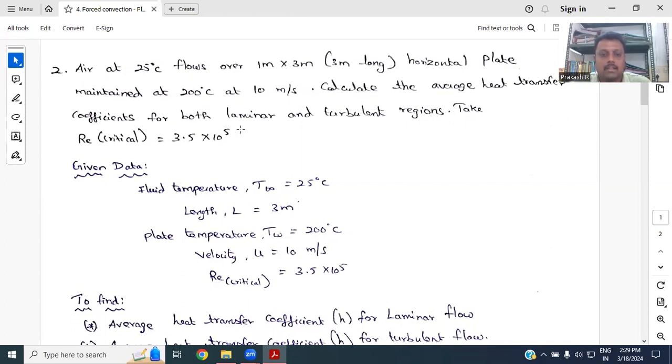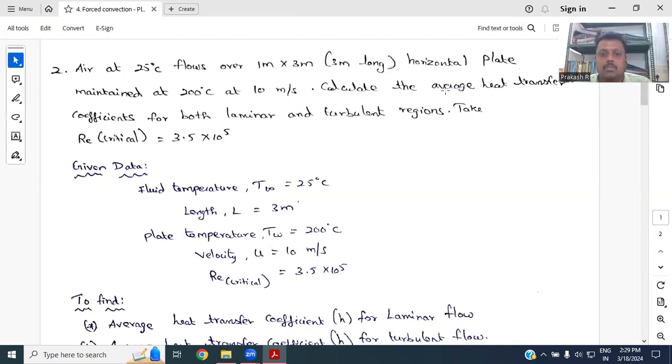Because in forced convection, by means of a blower or compressor, we give external forces to the fluid in order to move the fluid from one place to another, in order to change the heat. Therefore, the velocity value is given. So when the velocity value is given, it is forced convection.